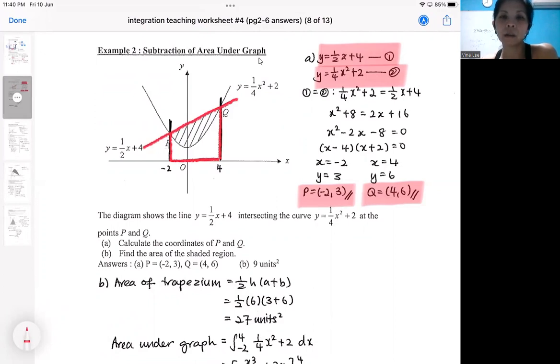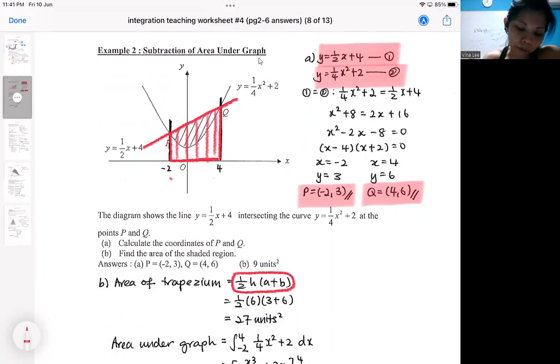That means the area will stick to the x-axis. So actually, if you take a look, this is like a trapezium. So you can do the trapezium. I am using the trapezium.